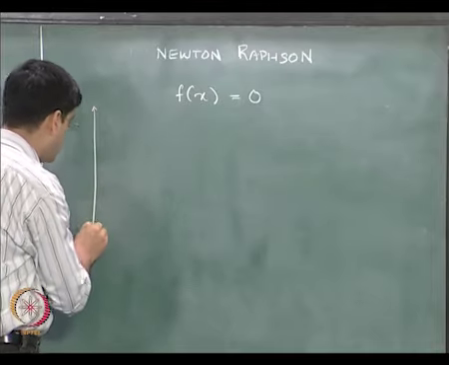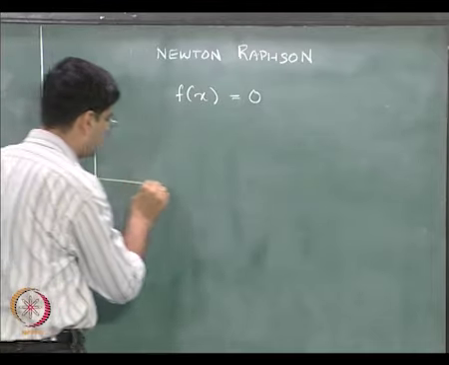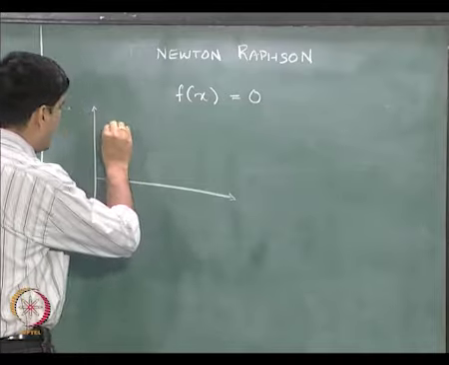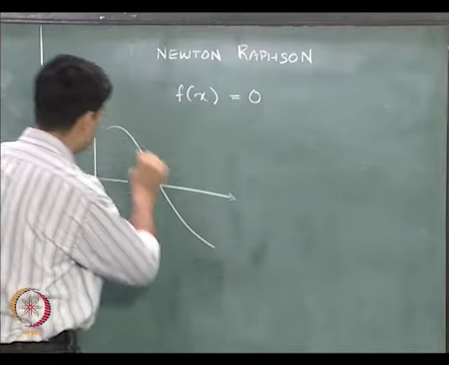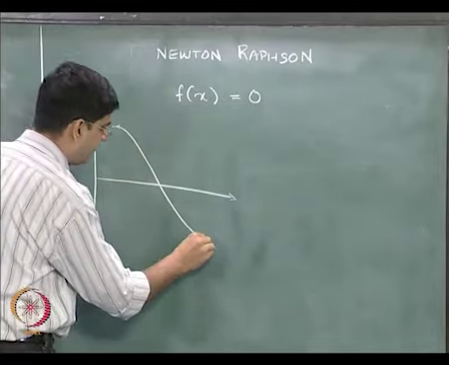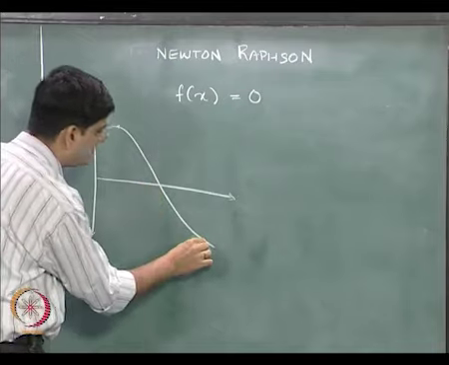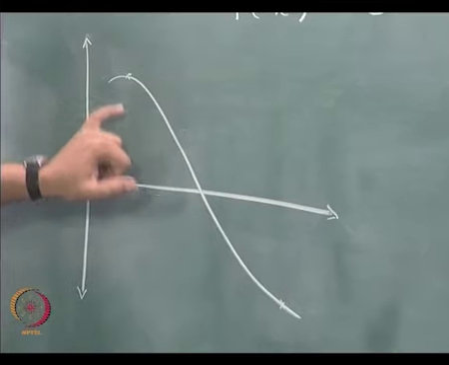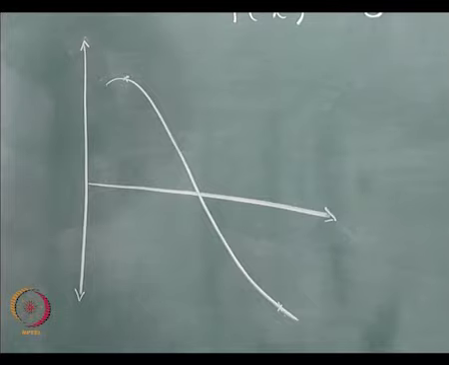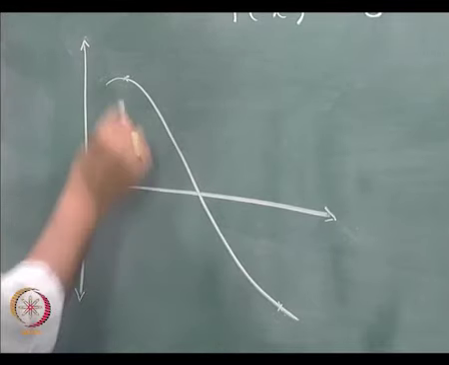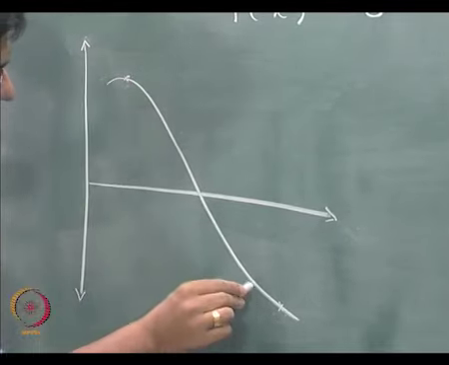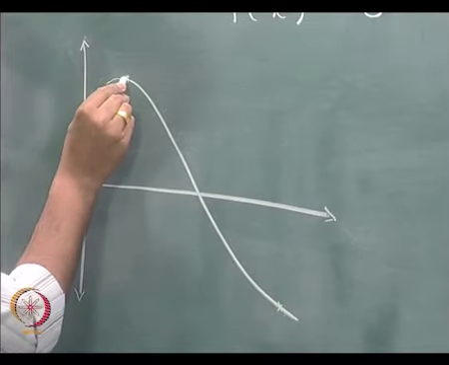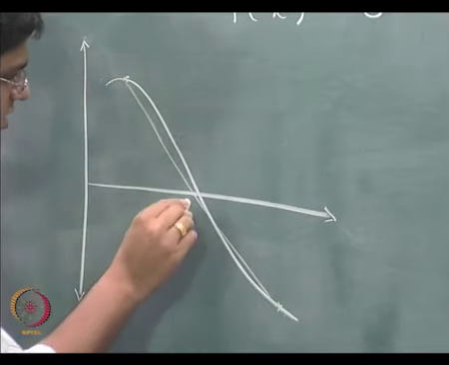So this is what we did in the secant method. We had for example 2 points, and we connected those 2 points by a straight line. The point at which that particular straight line intersected the x axis is what our new guess essentially was.